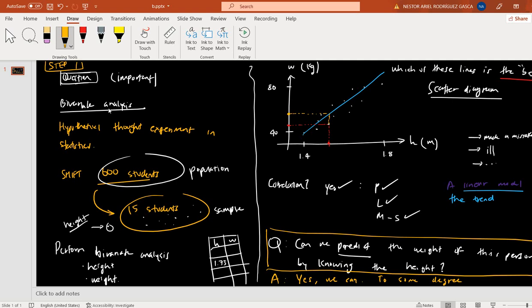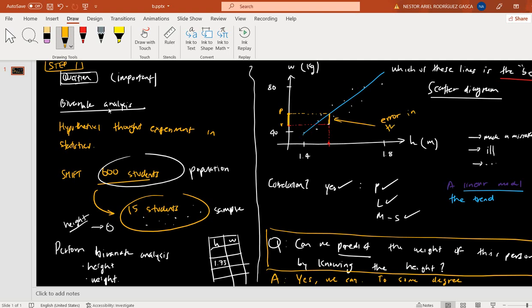So this point here, that's the predicted weight. This point here, that's the real weight of this person. You see? And basically, we can understand this little segment, which is also the same as this, right? If we do a translation, this is the error. That is the error in the prediction.